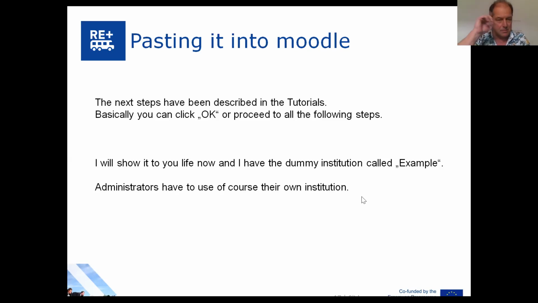You remember my institution was called example, so what I can do is to click on example and continue. This is the destination part here. Click on it. Okay, now there are the settings here.